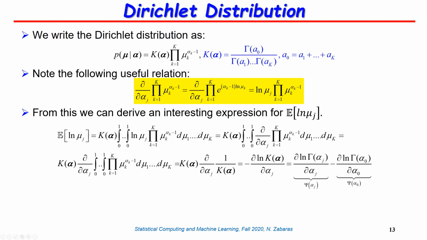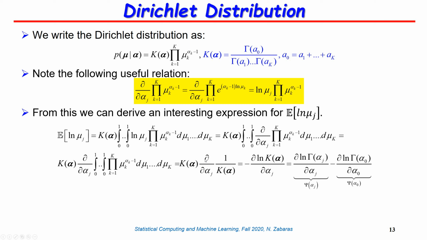So if you integrate this over all possible values of the mu's, and every mu varies from 0 to 1, this integration is supposed to give me 1 because of normalization constraint. So the integral of this product times k of a will be equal to 1. So the integral of this product will be 1 over k. And this is exactly what I have here, right? This whole integral from the normalization of the Dirichlet distribution gives me 1 over k.